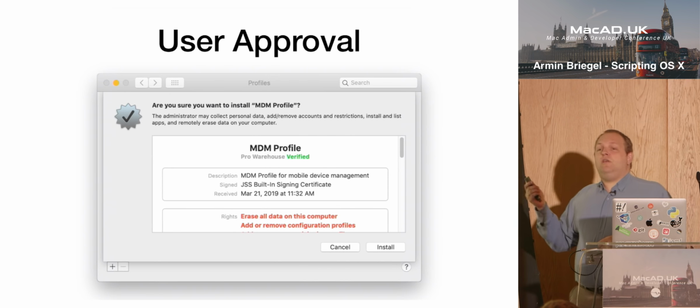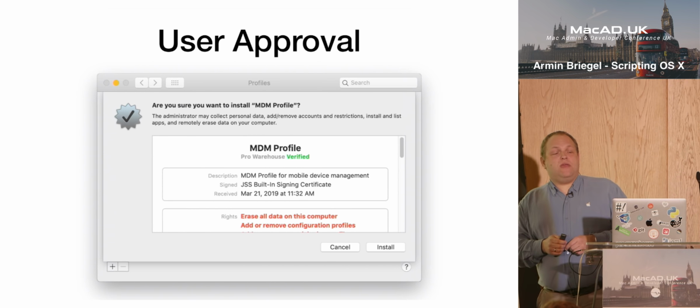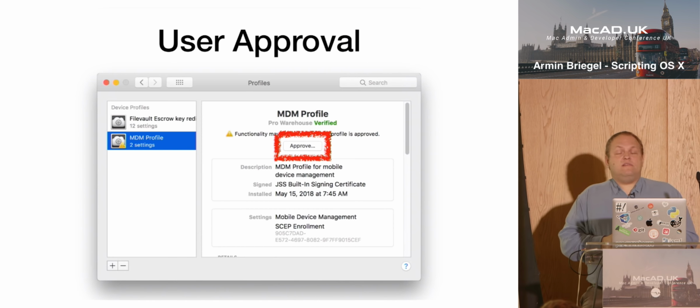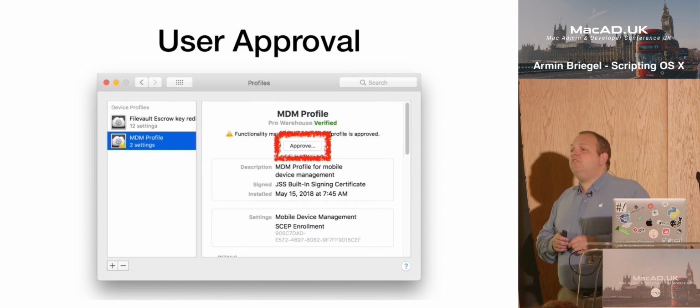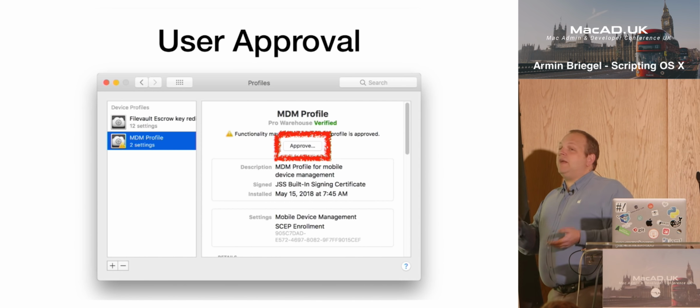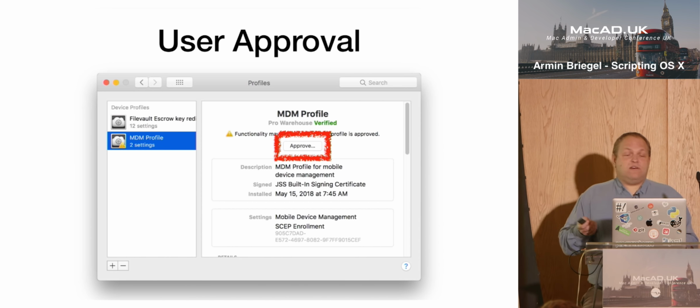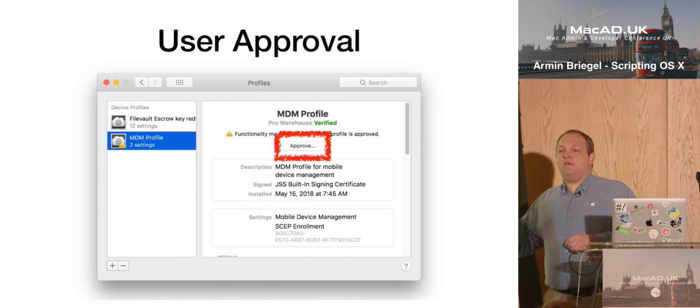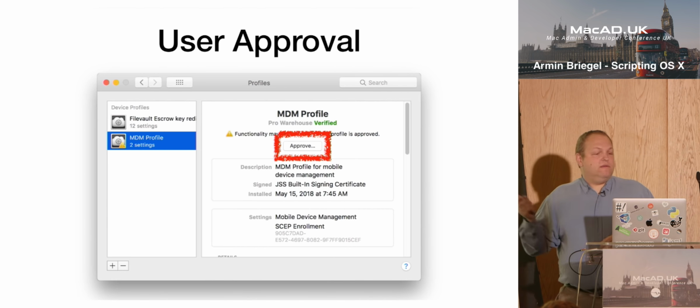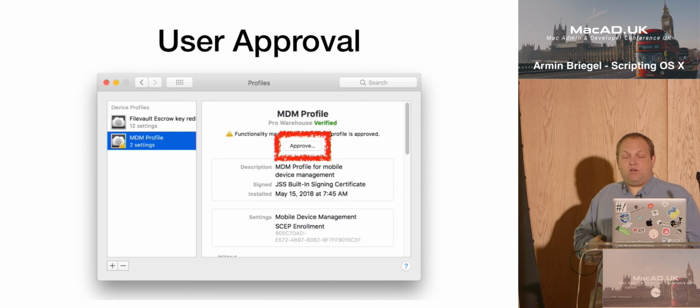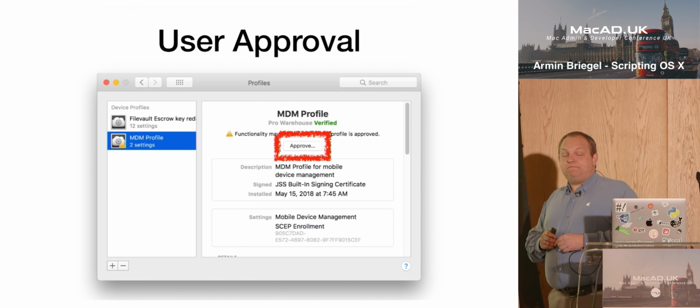When you click install, user approval is given. If the MDM profile is installed through a script or a package, user approval can't be given at that time because it's an automated process. User approval can be given afterwards in the profiles preference pane. User has to find that small button and click approve. Fun times.